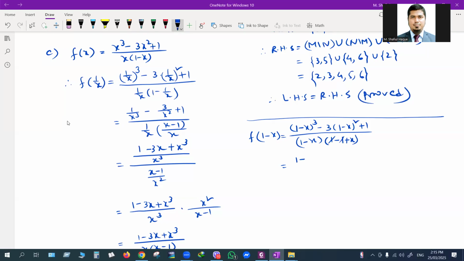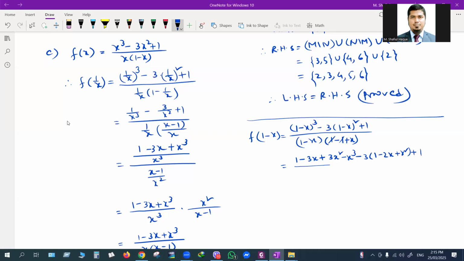Using a minus b whole cube: 1 minus 3 into 1 square into x plus 3 into 1 into x square minus x cube. Then minus 3 into 1 minus x whole square, 1 square minus 2 into 1 into x plus x square, plus 1.